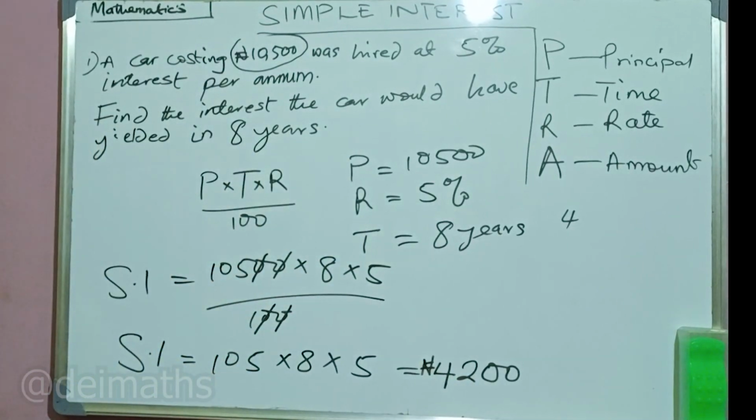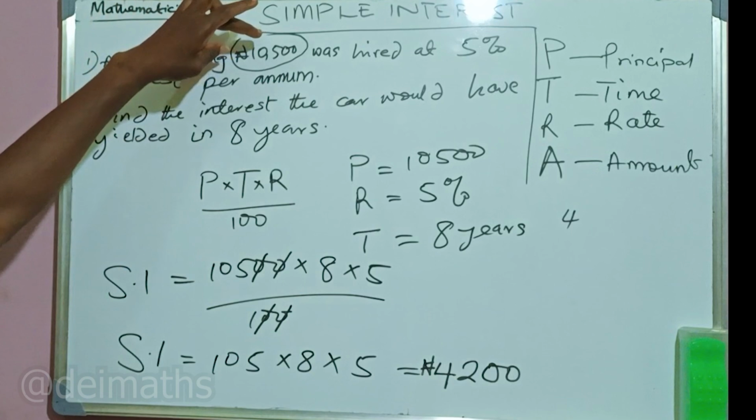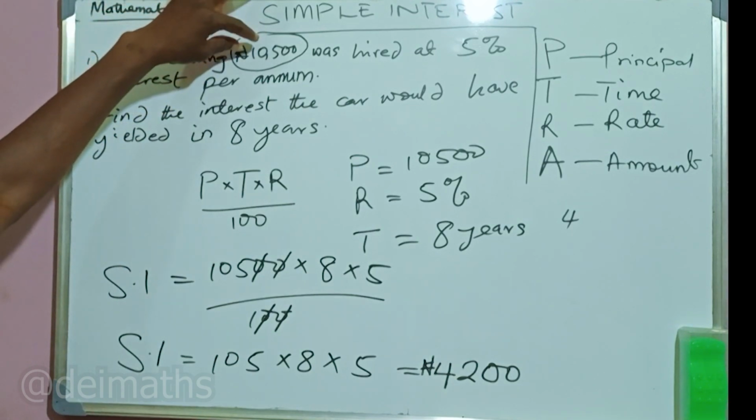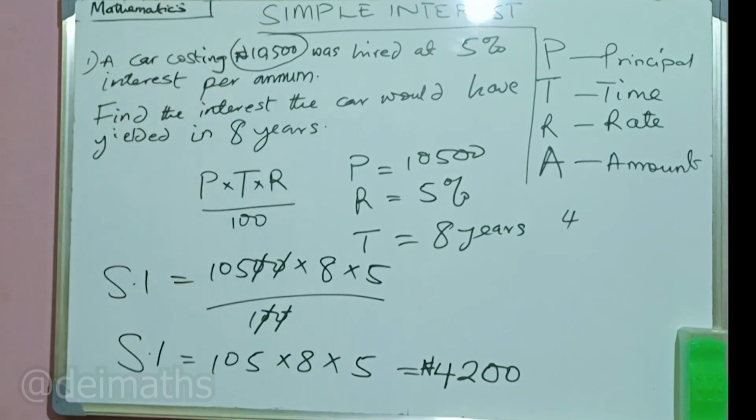What does it mean? It means that this car that was hired at 10,500 yielded an interest of 4,200 in 8 years at the rate of 5%.